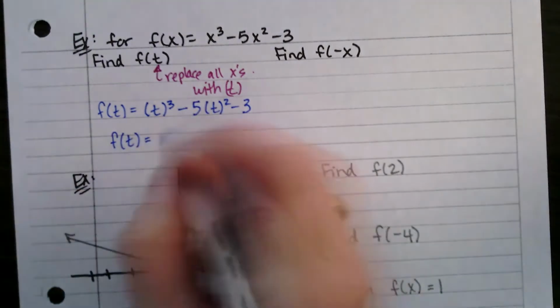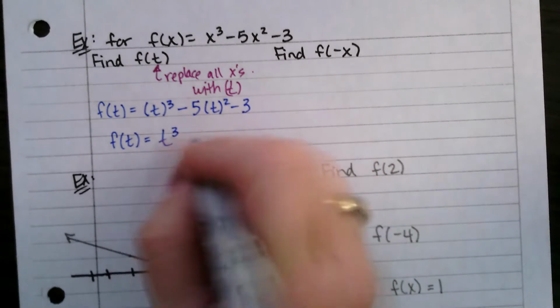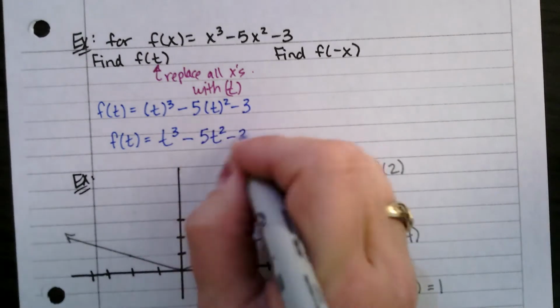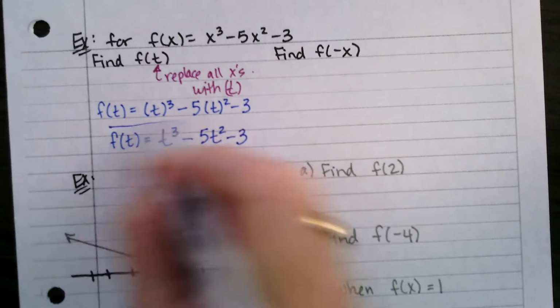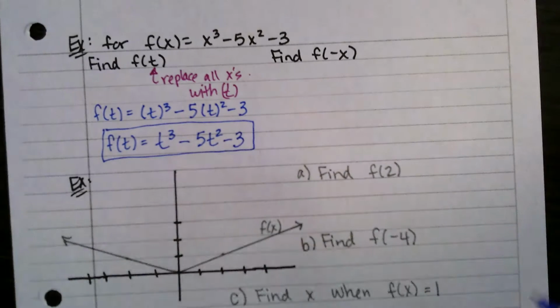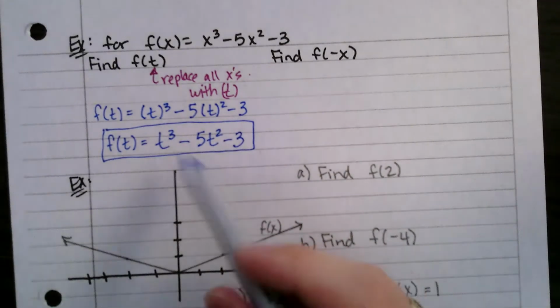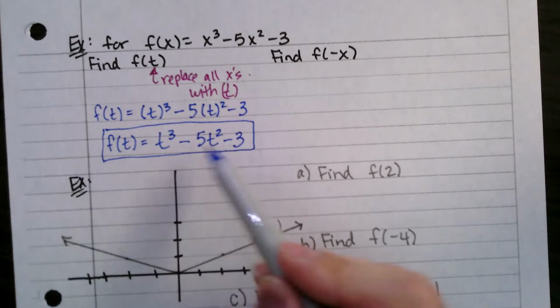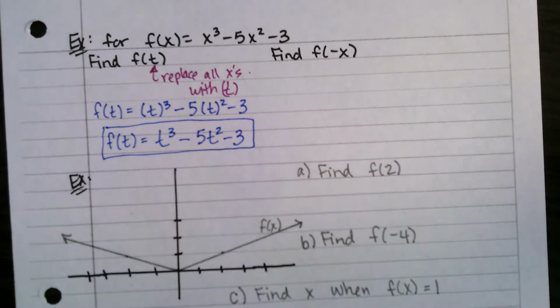So t to the third power will be t cubed, minus 5 times t squared, and then minus 3. That's it. We don't get a number for these kinds of problems. We just get a function with a different variable in it in this case, because there's a t in the parenthesis. That tells me that I'm going to have t's in my equation over there.